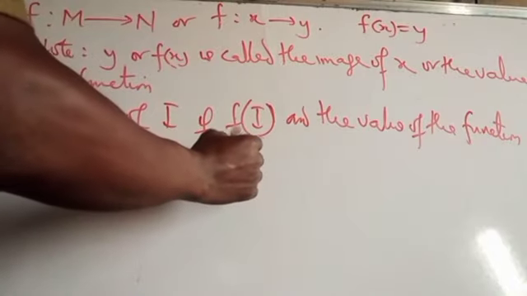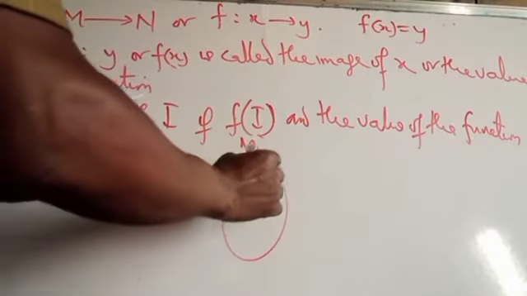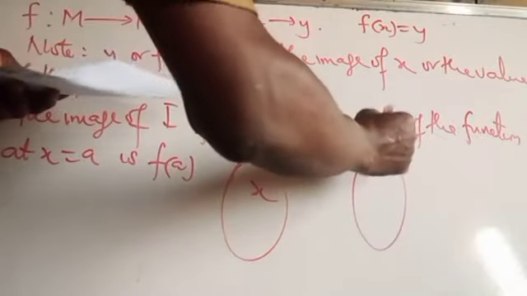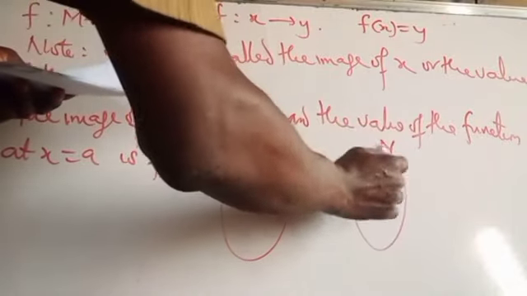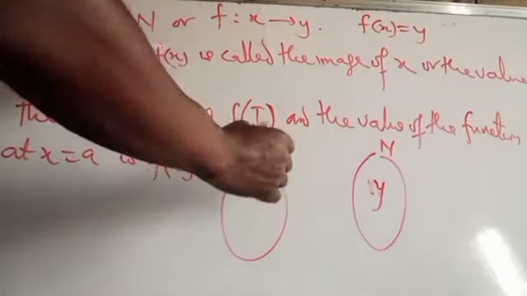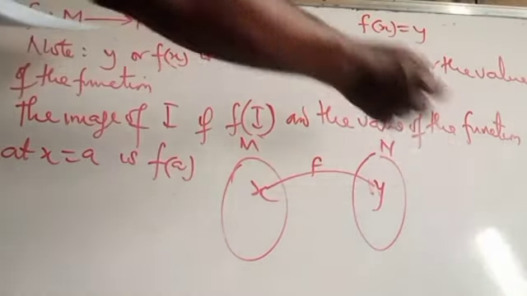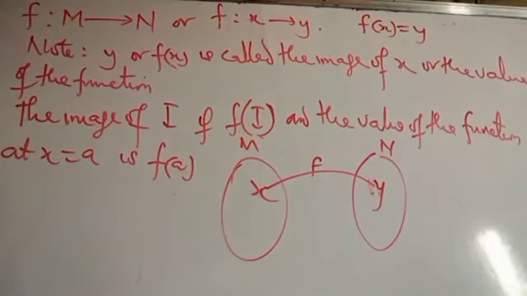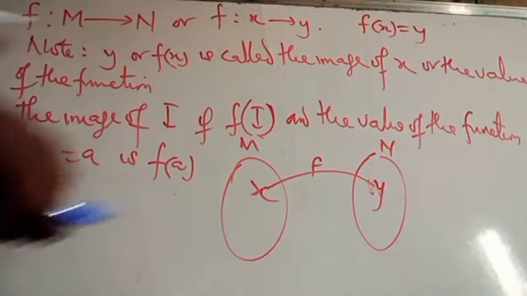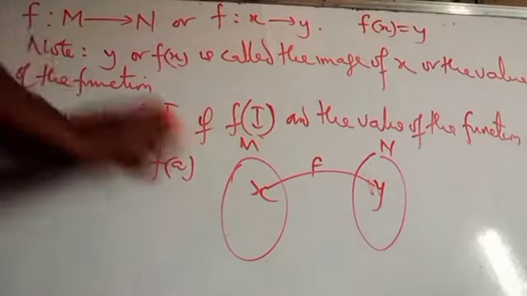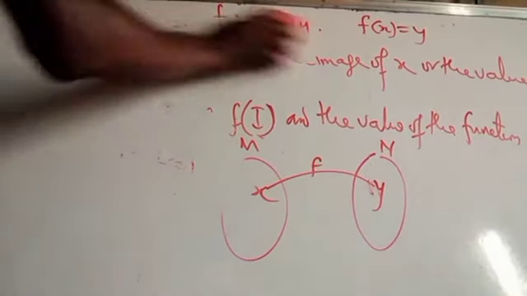Let's illustrate with this. You have this M, X, and you have Y here. So you can see F is the function between X and Y. We have discussed that, it's not new. The set M is the domain of the function, which is represented by Df.